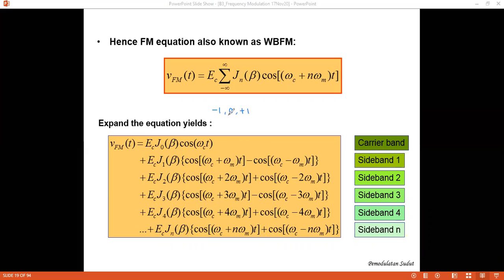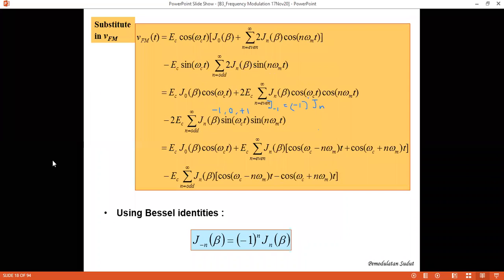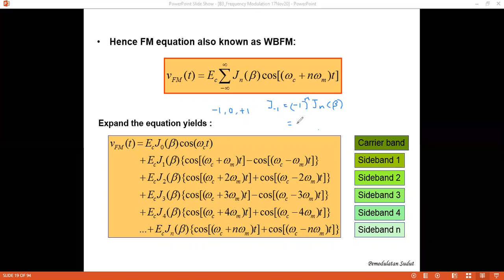If it's negative 1, then since J negative n is equal to negative 1 to the power of n J n beta, J minus 1 is equal to, since it's odd, negative J1 beta. J1 is just J1.